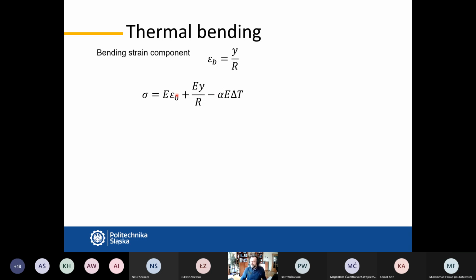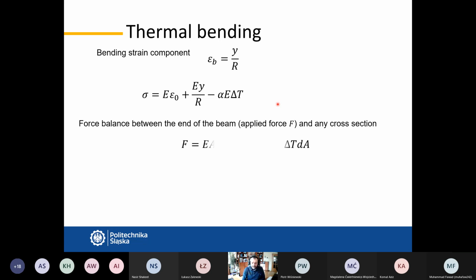Let's say we split it into two pieces, linear and bending, and the part that results from the stress of temperature change. We have three such factors here.